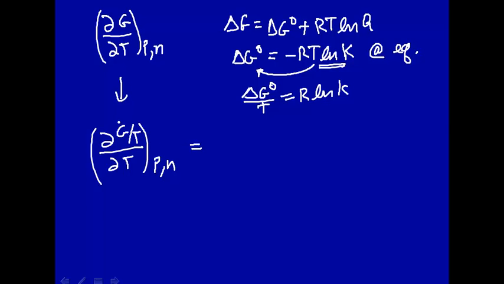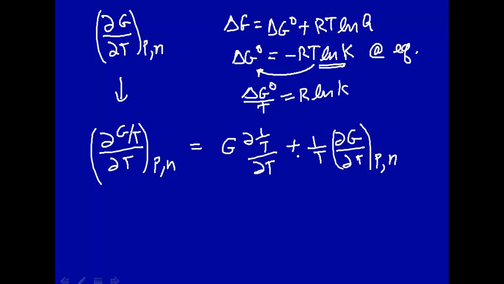G depends on temperature, and certainly 1 over T depends on temperature, so we have to use that rule of calculus, the product rule: the first, G, times the derivative of the second, 1 over T, plus 1 over T times how G varies with temperature at constant pressure and number of moles.